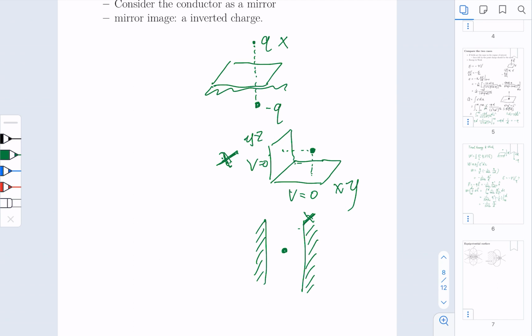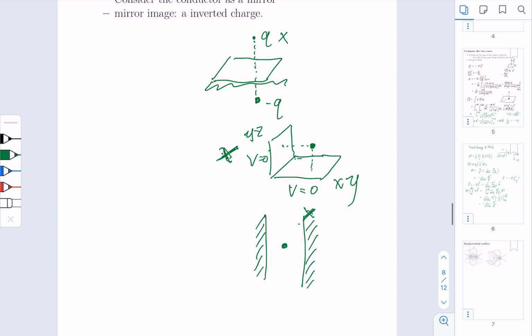So if you have problem figuring out what the point charge distribution should look like, you can try to actually physically find two mirrors, maybe in a salon, and see how many images you can find in the mirror.